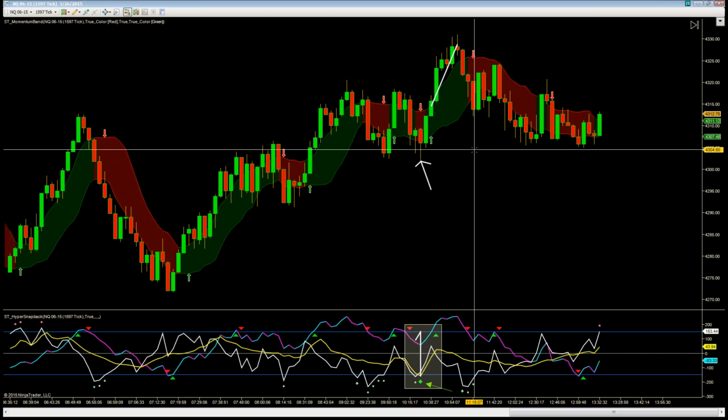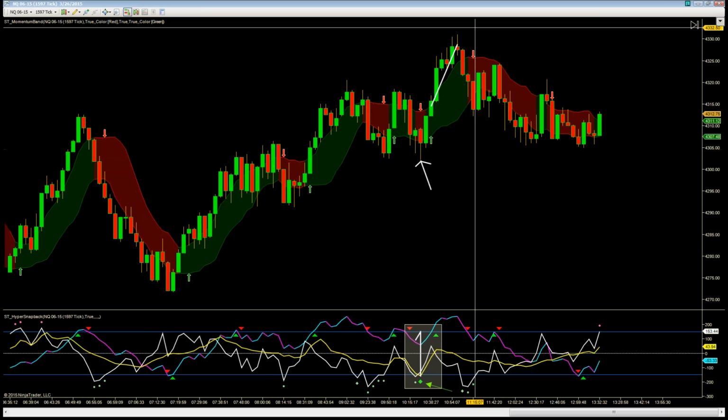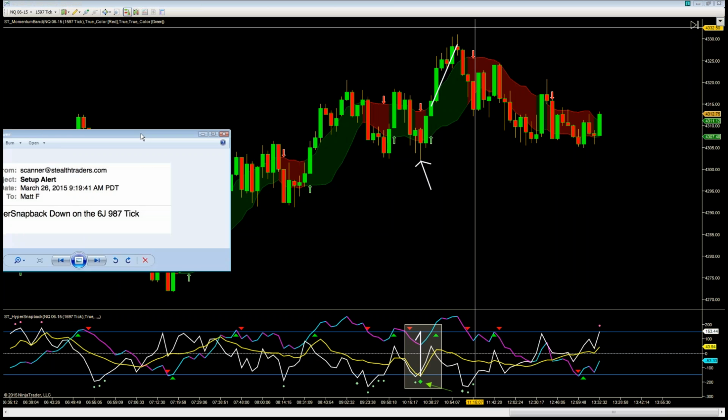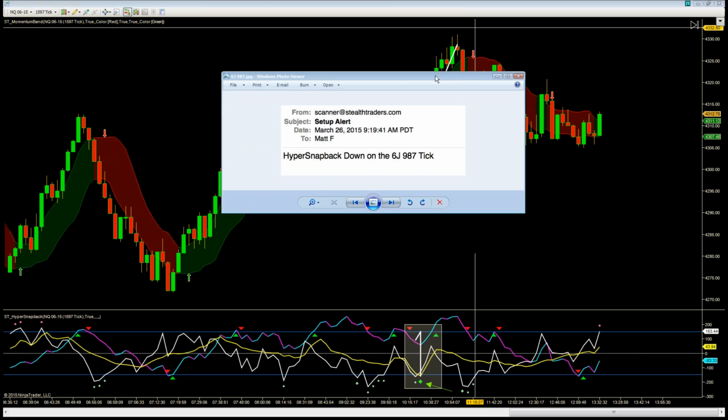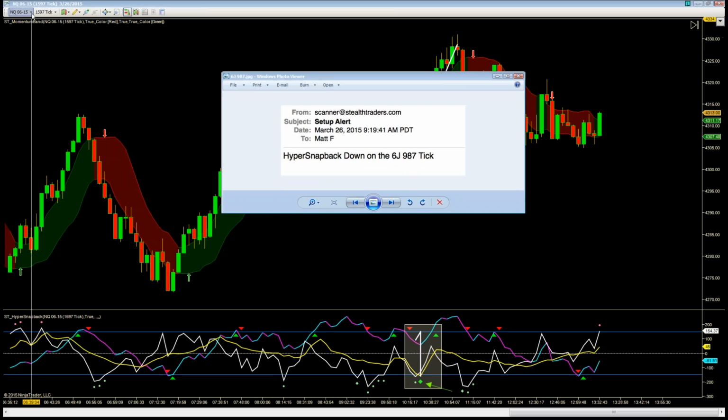And I believe I have, we'll look at gold. But I want to bring in, this is the 6J, it's the yen, and just to show how versatile it is. So at 919.41, at the 986, we'll bring that up.